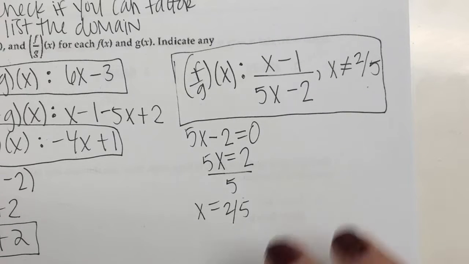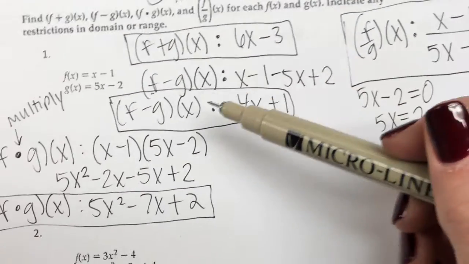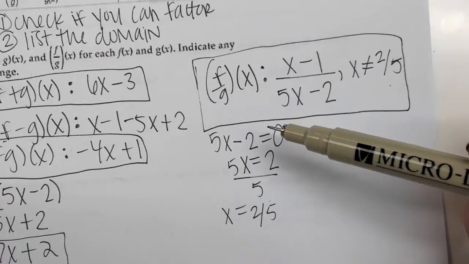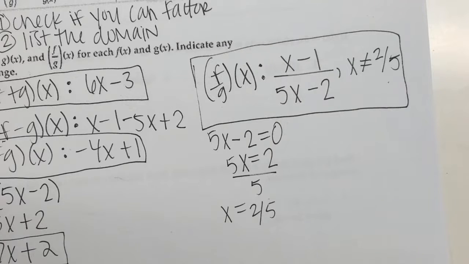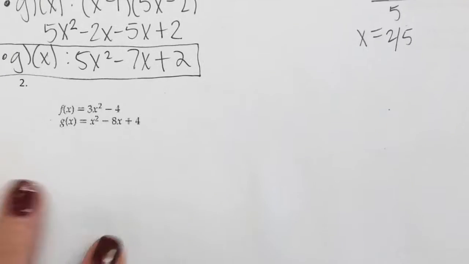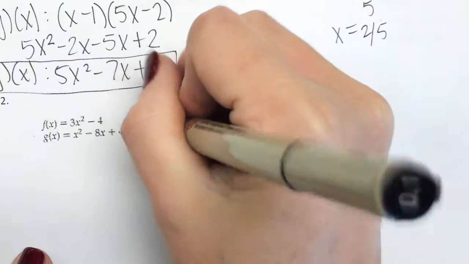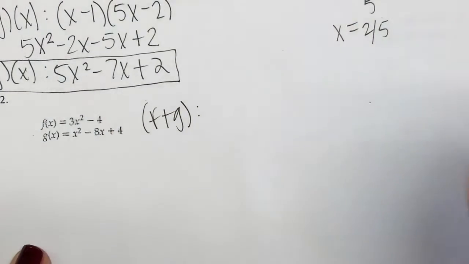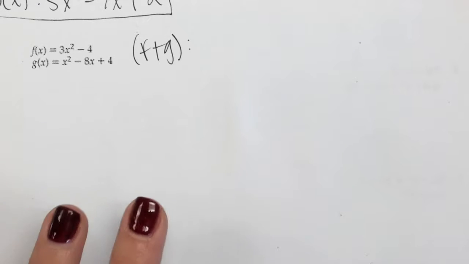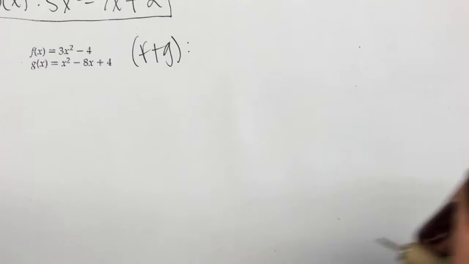Alright, questions about adding, just combining like terms, subtracting, multiplying, or dividing? We're going to do one more together, then you're going to do some on your own. Alright, starting with f plus g of x. Combining like terms. I don't have to write that out, I don't think. Amy, tell me what the first term would be after I combine them.